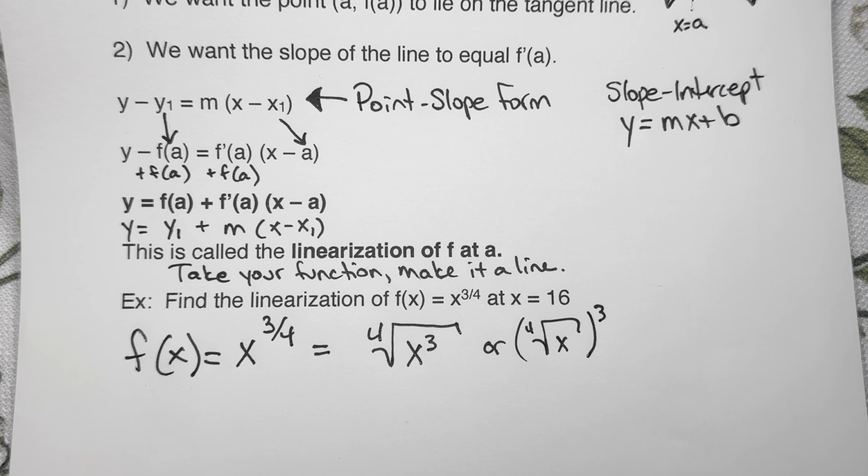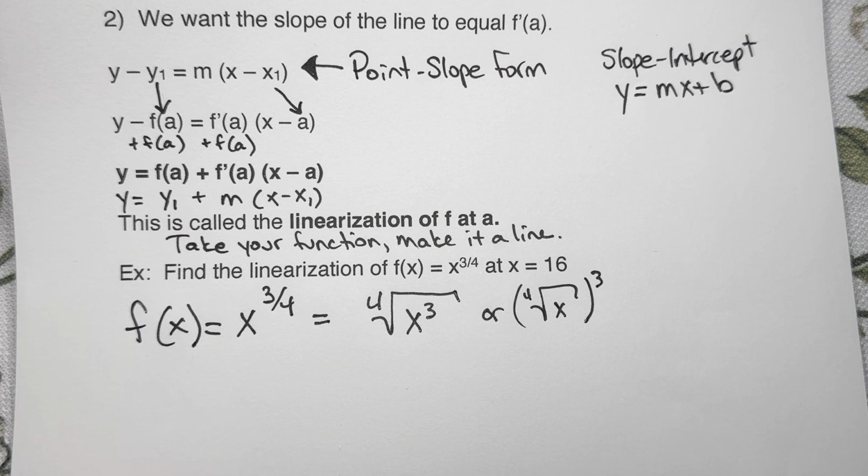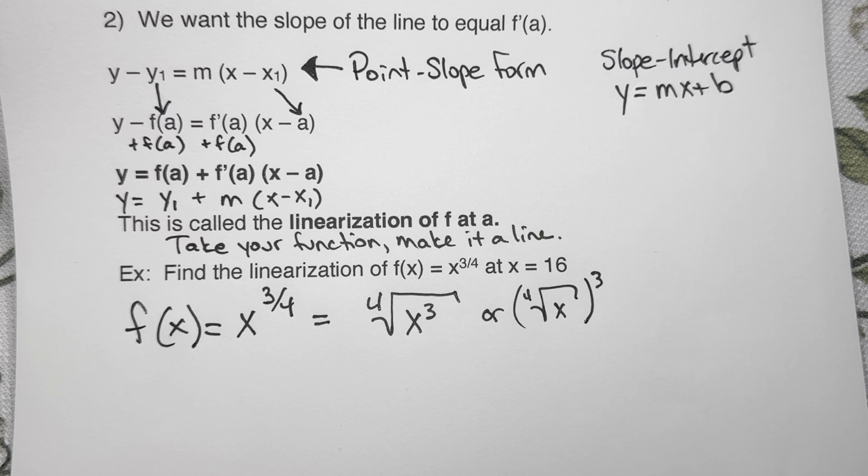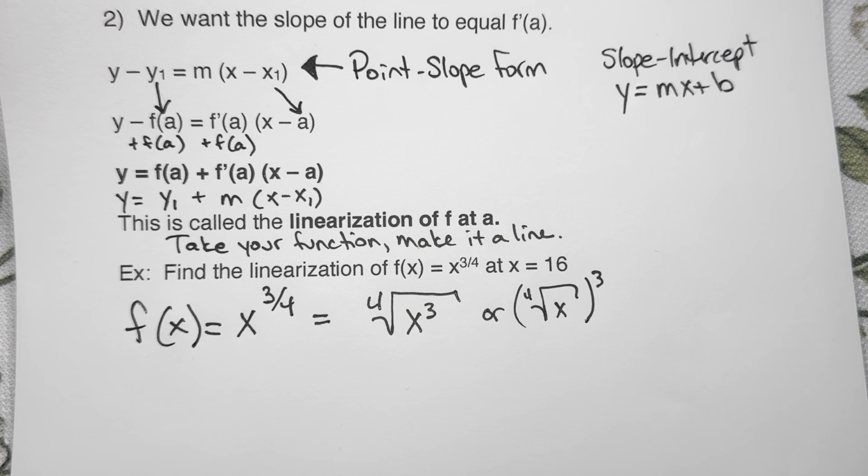So this is some pretty interesting stuff that's happening. x to the 3/4. So how do we go through the process? The answer is, this is going to look exactly like what we've done to find the tangent line. It's just a little bit more formal.